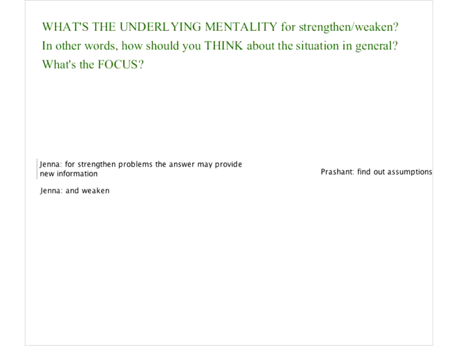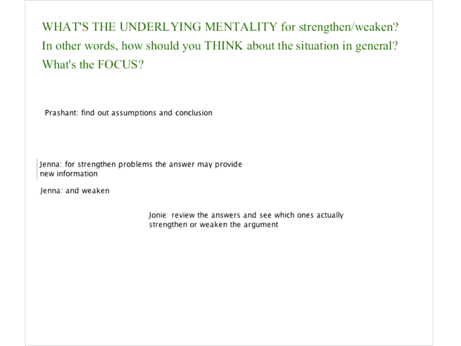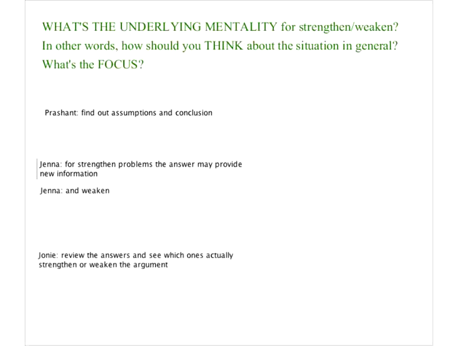So find out assumptions, maybe. I mean, if they're obvious enough to you, although you shouldn't really have to explicitly point out the assumptions, and in fact that might just make things kind of hard. And then Joni says review the answers and see which ones strengthen or weaken the argument.